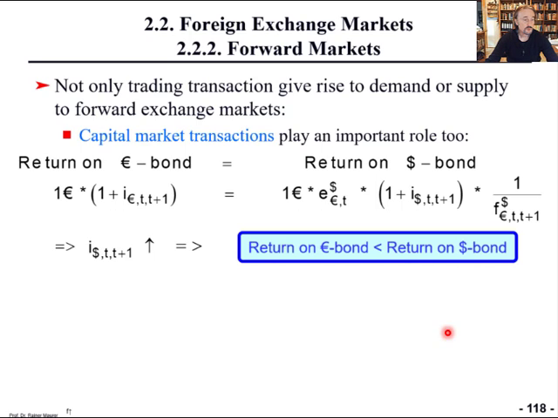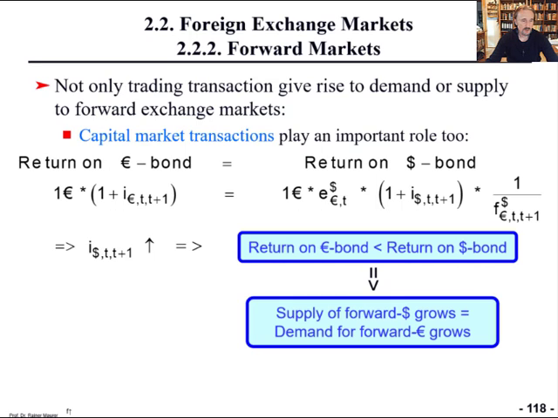So, for example, Europeans would have a strong incentive to invest now more money in dollar bonds. If they do so, they will have a dollar revenue in the future which they have to exchange into euro at some future point in time when the maturity of these dollar bonds is given. This means they would supply forward dollars from their dollar revenues on the forward market in exchange for forward euros.